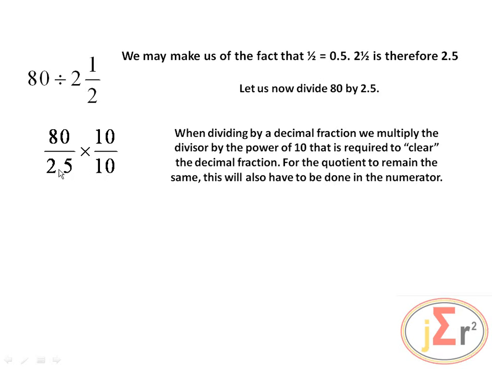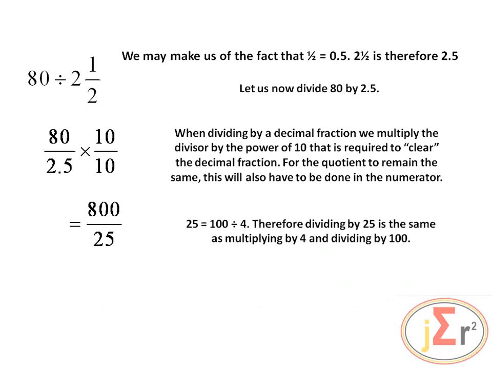That will give a product of 25. We also multiply 80 by 10, and that will give 800. So 800, and that we will divide by 25.